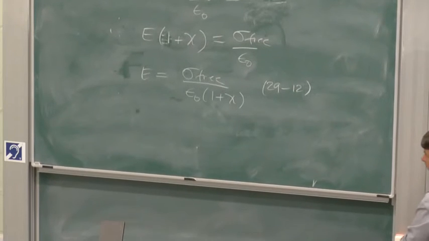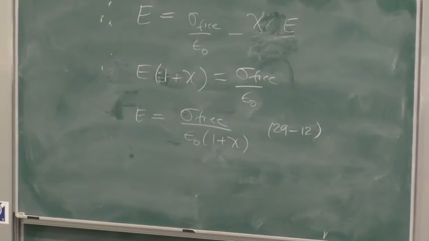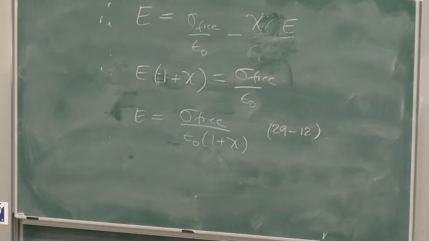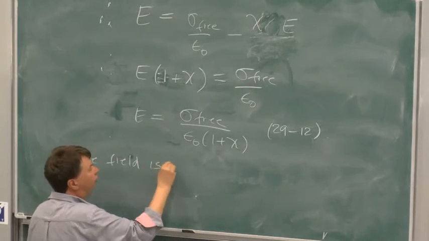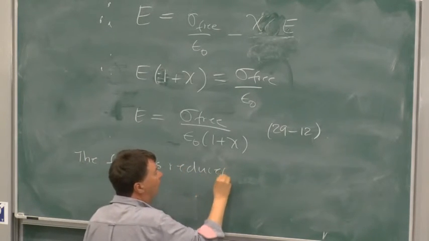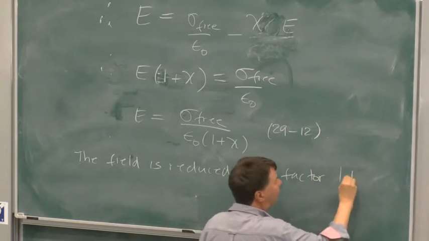And now we can see, yeah, we've analysed it from this figure 116, and we've got precisely what we want. The field is reduced by a factor 1 plus chi.